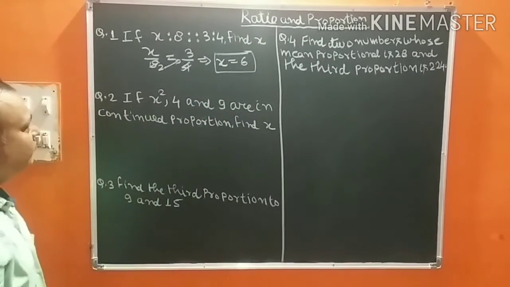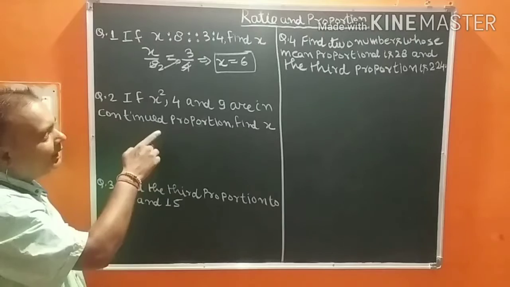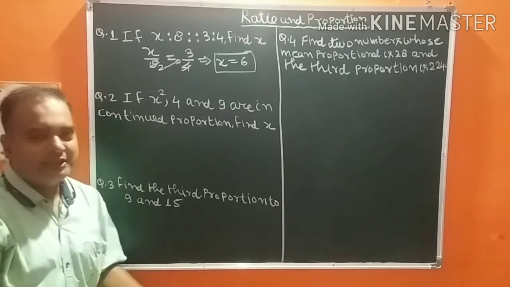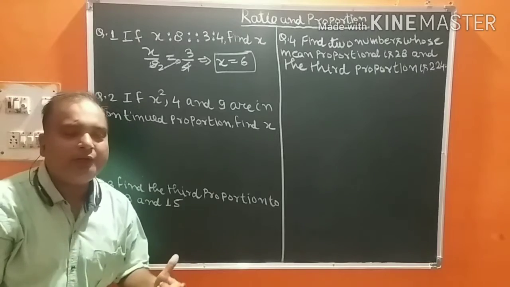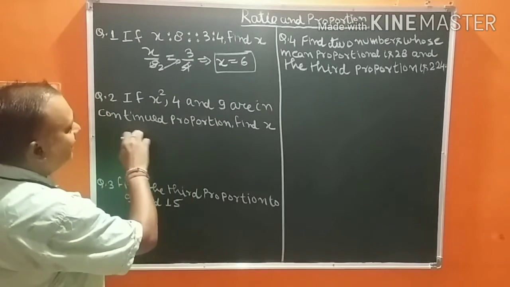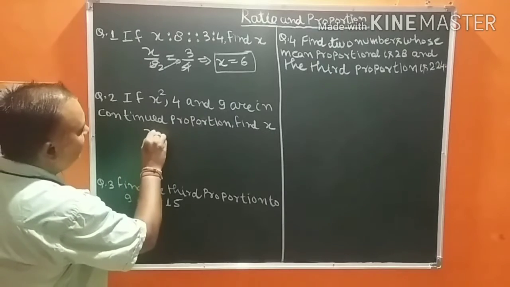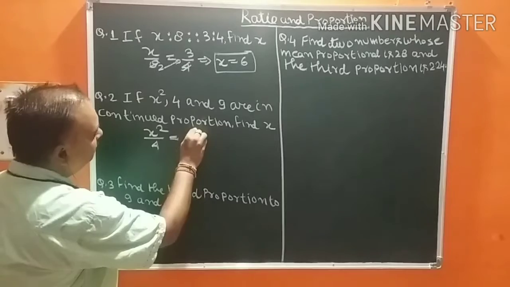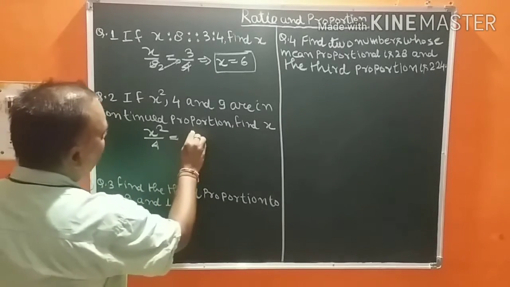Now next question. If x square, 4 and 9 are in continuous proportion, find x. We know that by the property of continuous proportion, if x square, 4 and 9 are in continuous proportion, then we can write x square upon 4 equal to 4 upon 9.